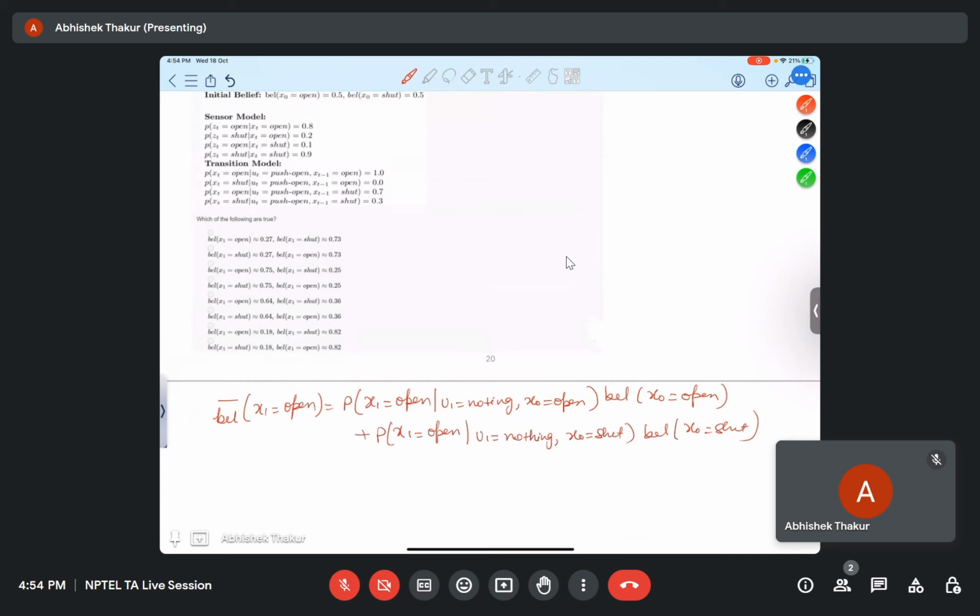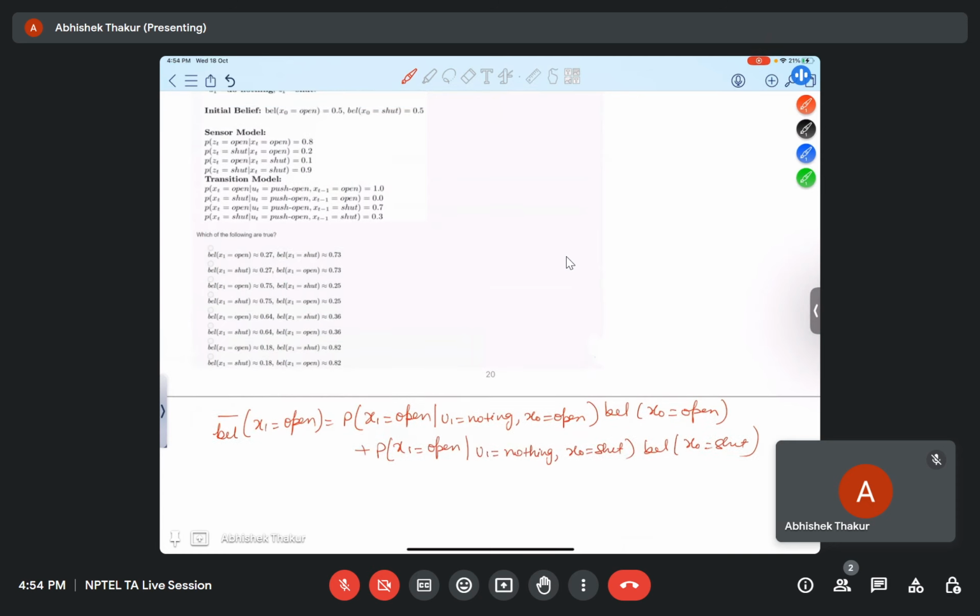So here probability of x1 is equal to open and u1 do nothing and x0 is already open, so this will be 1 into belief of x0 is equal to open, which is given as 0.5. Plus probability of x1 is equal to open, u1 is equal to nothing, and x0 is already shut, and if you do nothing then the door will not be open, so this is 0 into belief of x0 is shut, which is 0.5. So this will be 0.5.